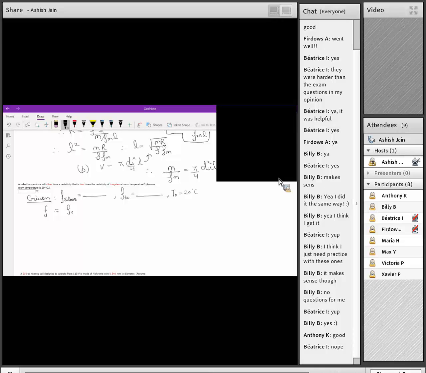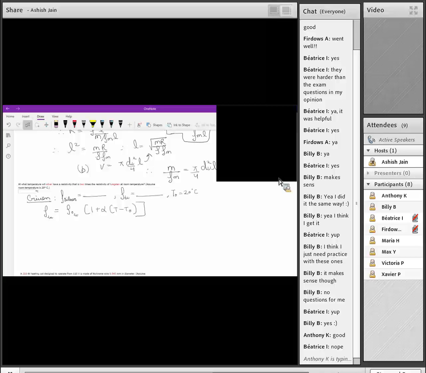As you know, rho is given as rho naught, I'm talking about tungsten here, times 1 plus alpha into T minus T naught. So this is the equation for variation of resistivity with temperature.